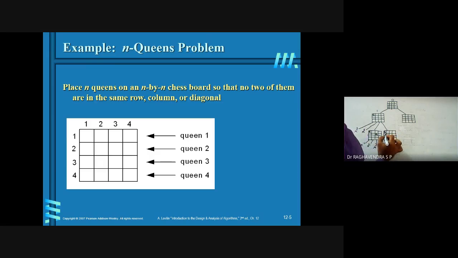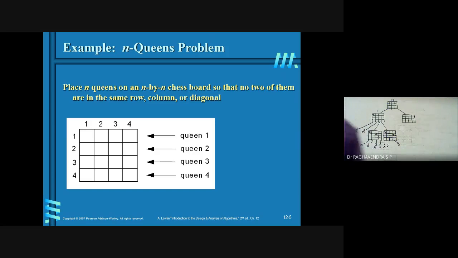I cannot insert here because of a column-wise clash, and the diagonal clash, so 2 is also not possible. The third one also. So this one is possible. Q2, I can insert in the fourth position of the column. So now, can I prune here? Let us find out.